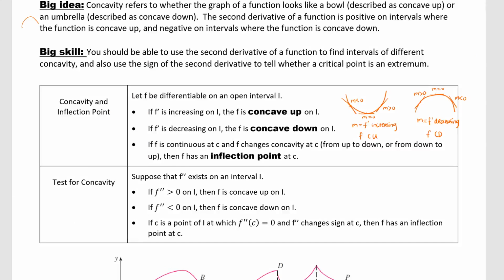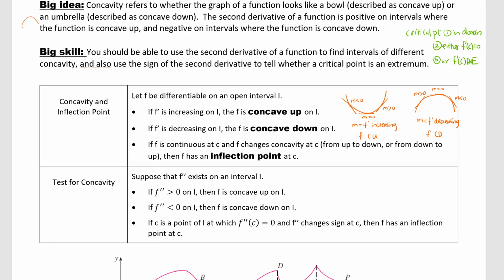A critical point is about f prime, the first derivative. Critical points have a set of conditions. First, it is in the domain. Second, either f prime is 0 or f prime does not exist.